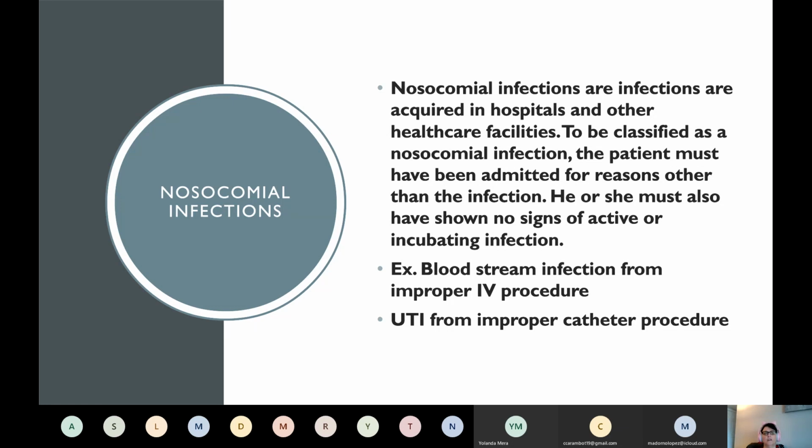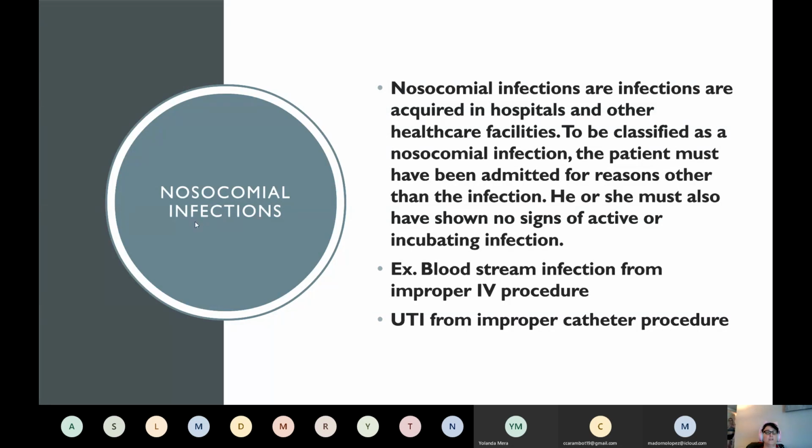Another really common nosocomial infection cause is UTI, like from Foley catheters. The area wasn't cleaned properly. We see these. I have a real issue with nursing homes. And if you'd have worked as long as I have as a paramedic, you would too.